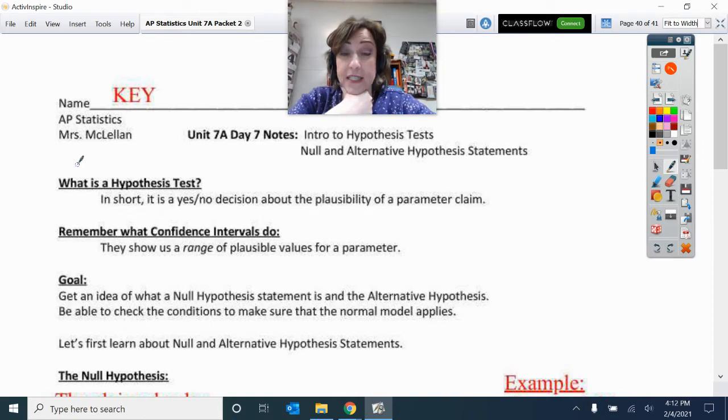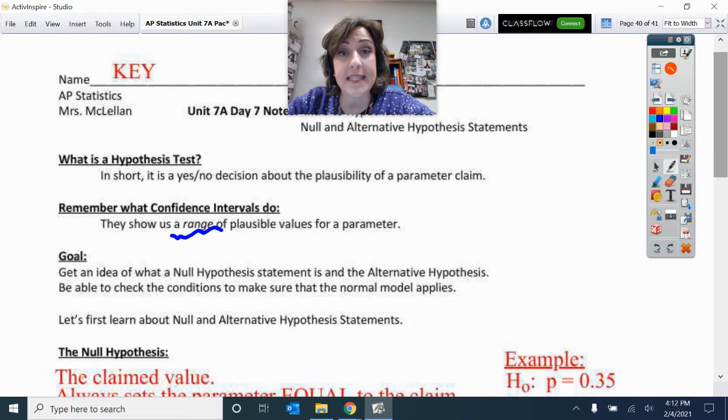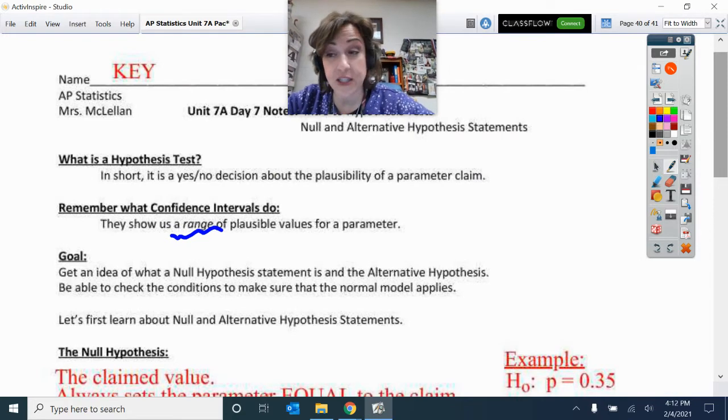Kind of like, did you get a sample way far out there? That makes us question the claim. With confidence intervals, remember, that was just a range of plausible values that we're estimating an amount, so not necessarily giving us a statistical evidence answer.